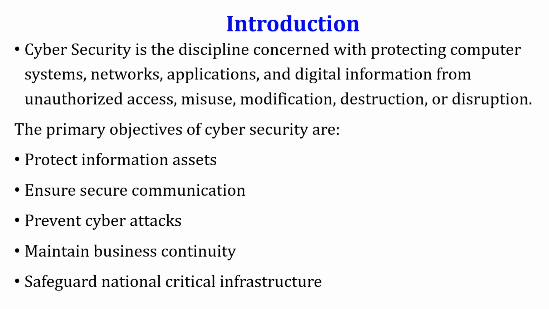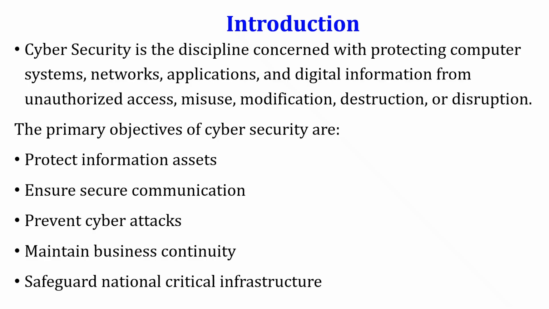So there is a need for cybersecurity. So what basically is cybersecurity is the discipline concerned with protecting computer systems, networks and its applications and digital information from the access of unauthorized users. The unauthorized users may modify the content or destroy the information whatever is available.